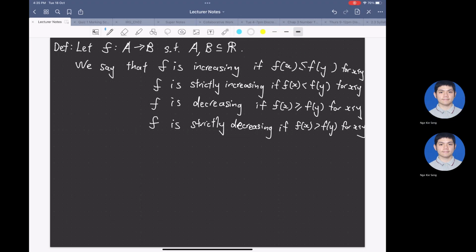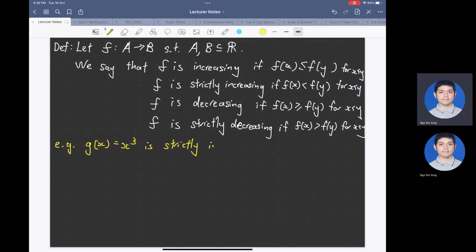Okay, now we can't show that g is one-to-one, but we can show that g is strictly increasing. So g(x) equal x cubed is strictly increasing. Okay. So how to prove it?